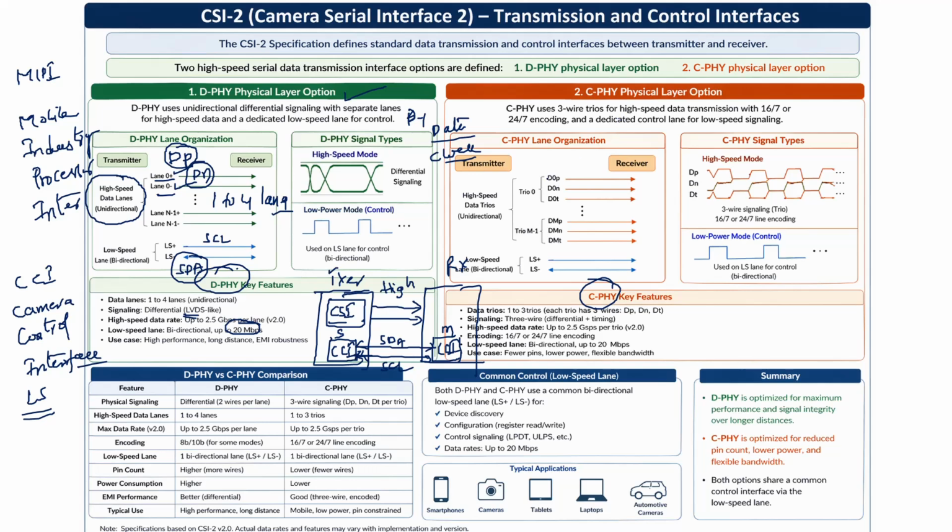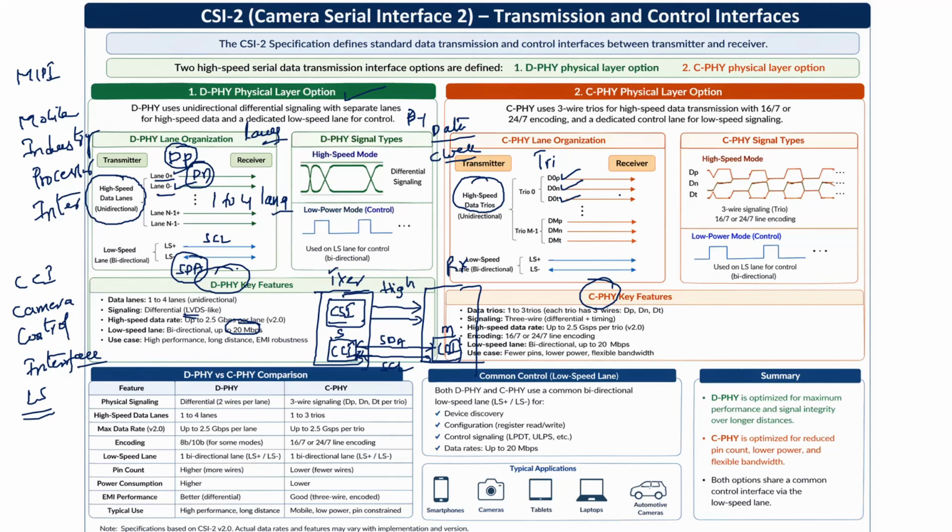Here we use trios. In the D-PHY, two wires only are used. Here, trios means three wires are used. That means positive lane, negative lane, and the trio also. That means high speed data trios. These lanes are also unidirectional, transmitting the information from the transmitter side to the receiver side.